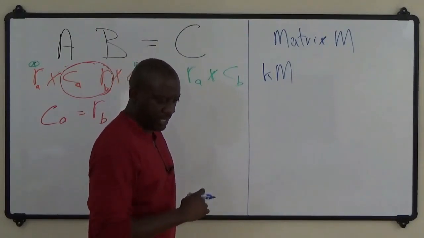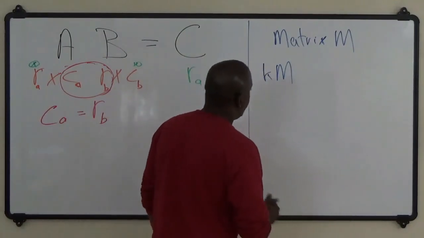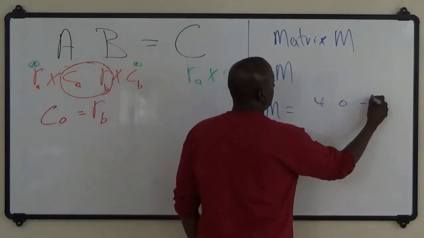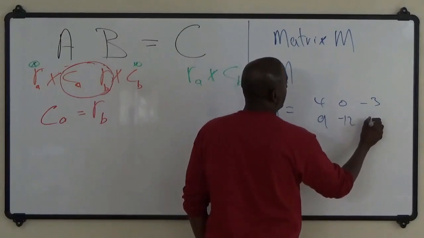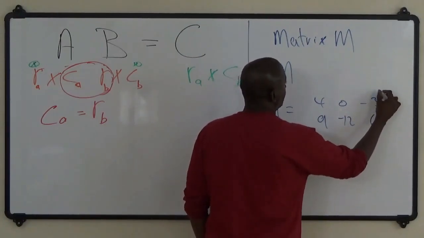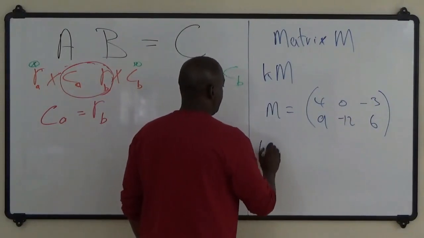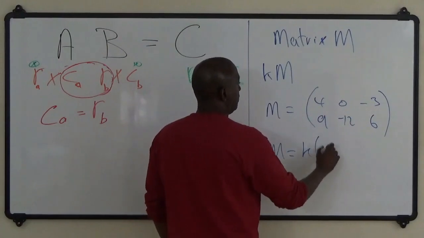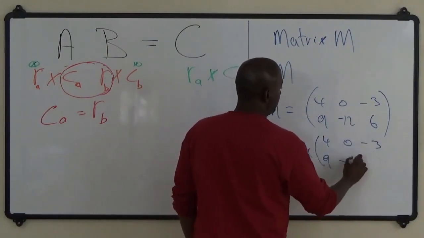So for example, let us say we have a 2 by 3 matrix, 2 rows, 3 columns. Let us say matrix M is equal to 4, 0, minus 3, 9, minus 12, 6, and we want to find Km. Km in this case will be K multiplied by 4, 0, minus 3, 9, minus 12, 6.